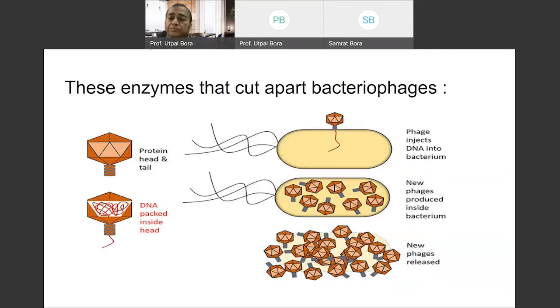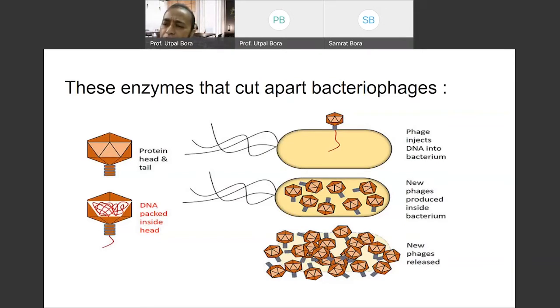So bacteria have been found to be attacked by phages, that is bacteriophages. As you know, these are very small viruses which attack and inject the bacterium with their DNA, and hijack the bacterial protein synthesis system.